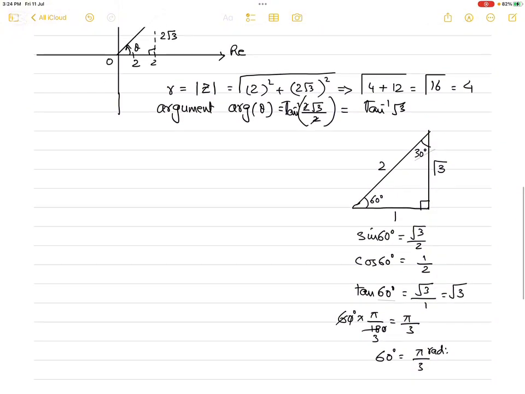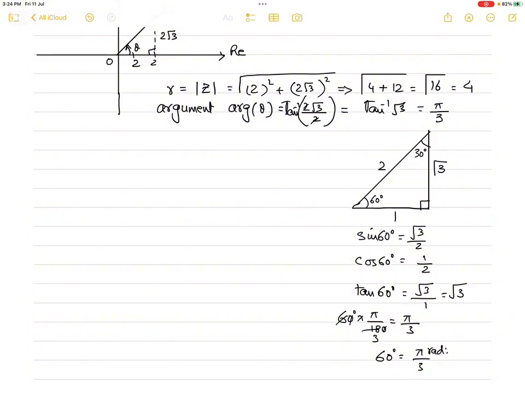Now come back to the question. Our argument is tan inverse of root 3, which is pi by 3 radians. Actually tan inverse of root 3 is 60 degrees.